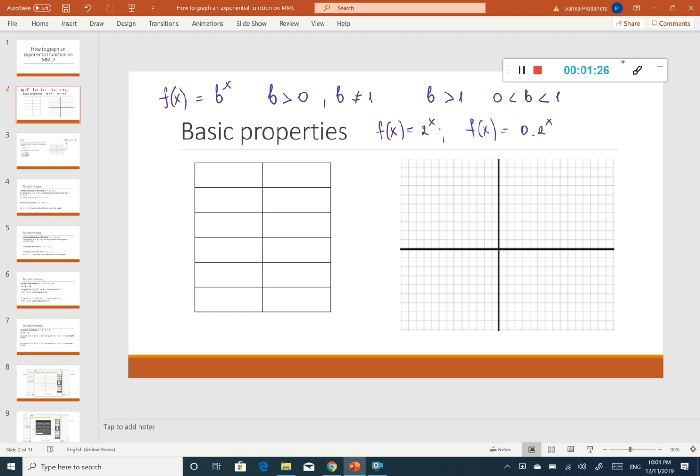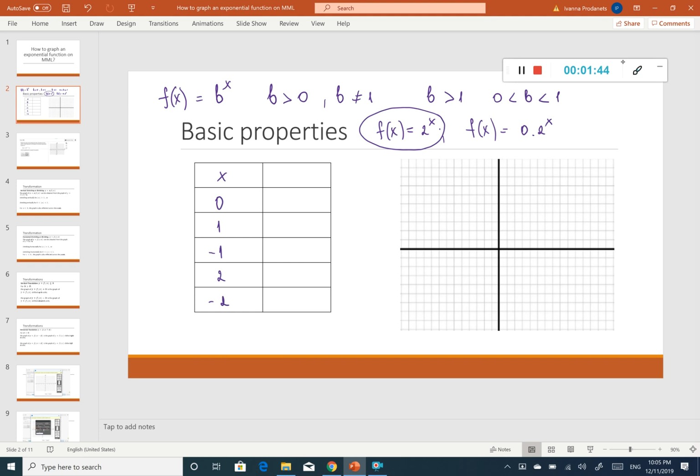For example, f of x is equal to 2 to power x. We can choose values for x, and let me choose x equals 0, 1, -1, 2, and -2.